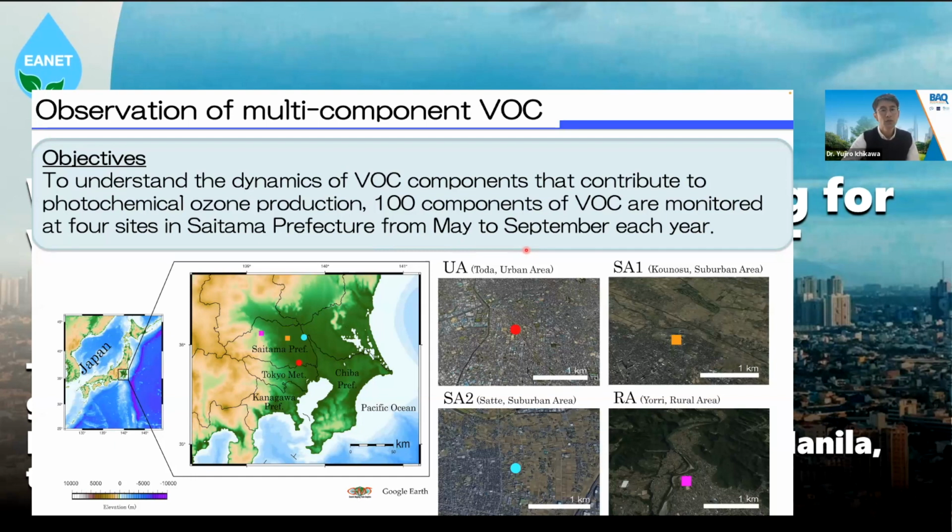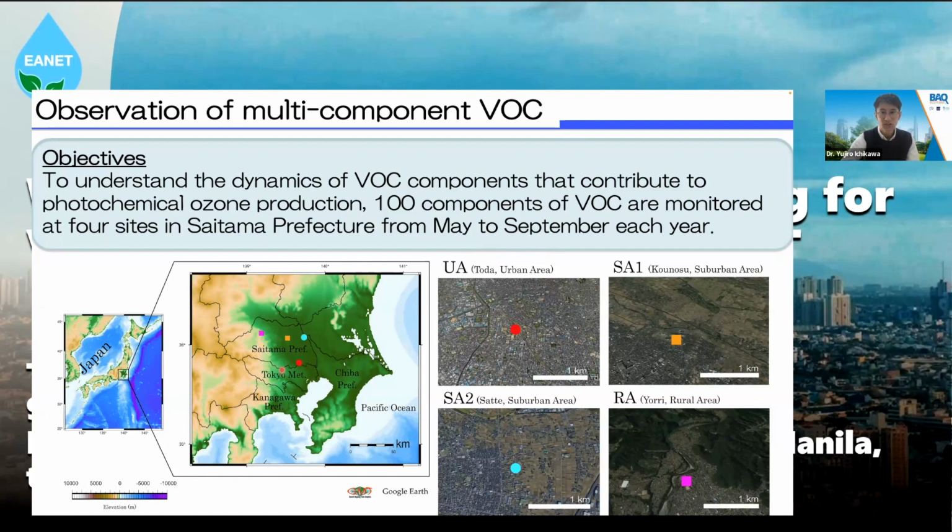And the reason why we conduct the observation from May to September is that the ozone concentration usually gets high during this period in Japan. And as you see from the map at the bottom, Saitama Prefecture is right here, and Tokyo Metropolitan is right here, so it is really close.